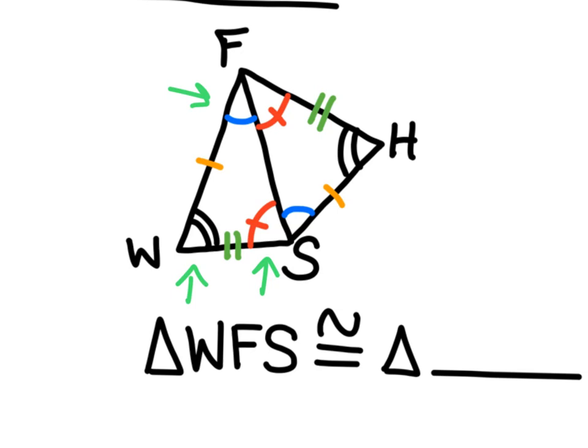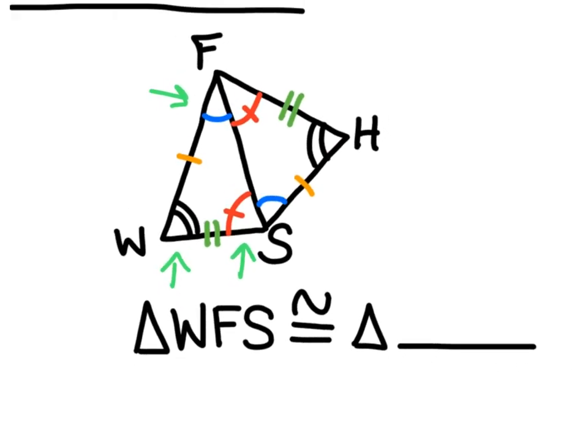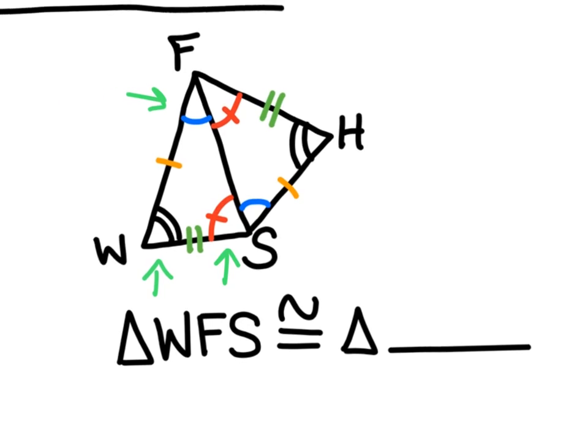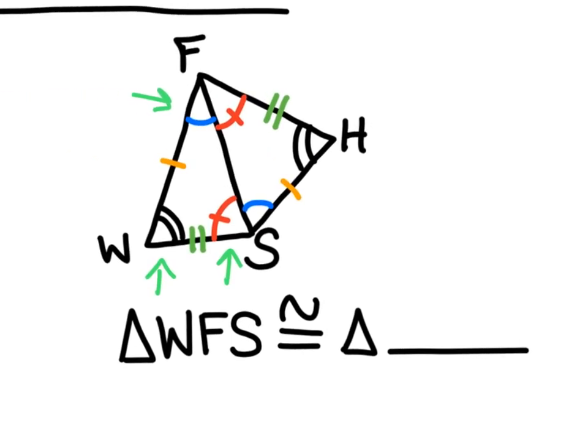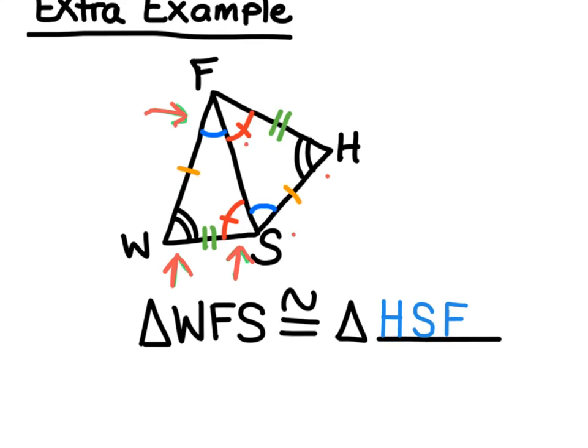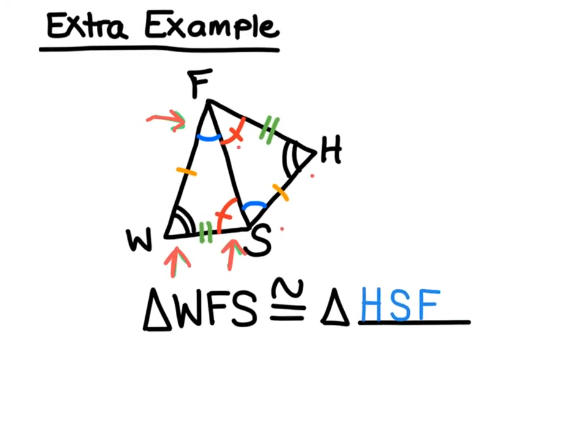Well, when I name my second triangle, I need to go in the same order. Black, blue, red. So the black angle is H, the blue angle is S, and the red angle is F. If you don't have colors, like on a quiz, you would go double angle mark, single angle mark, tick mark. And again, you would want to go double, single, tick. So just be careful on naming your triangles, that they're in the right order.